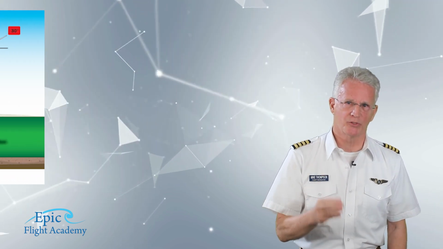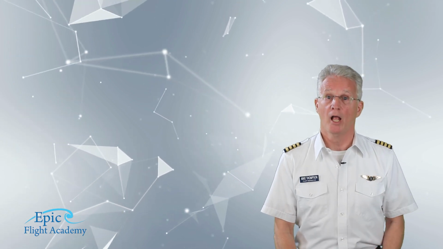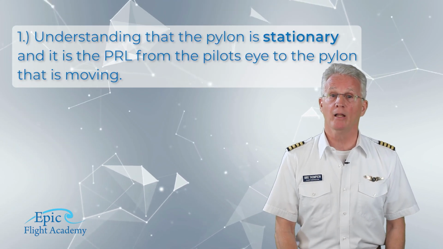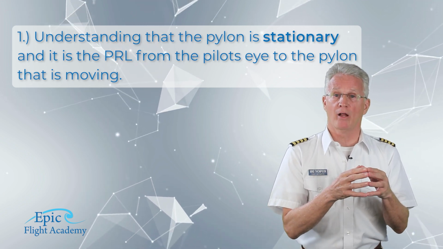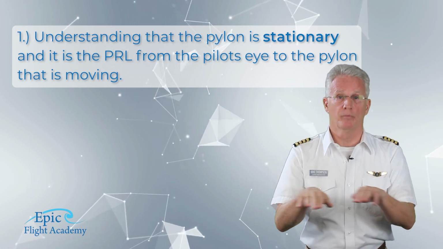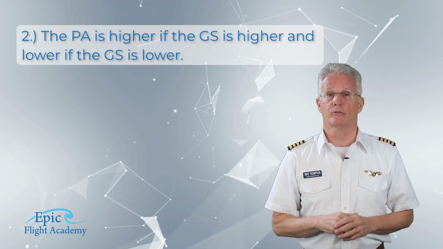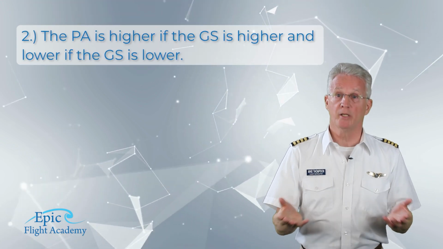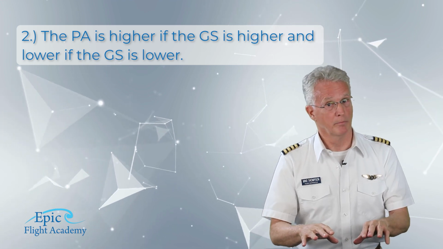Three main points that will help you master this maneuver itself are, number one, understanding that the pylon is stationary and it is the PRL from the pilot's eye to the pylon that is moving. Number two, the pivotal altitude is higher if the ground speed is higher and lower if the ground speed is lower.